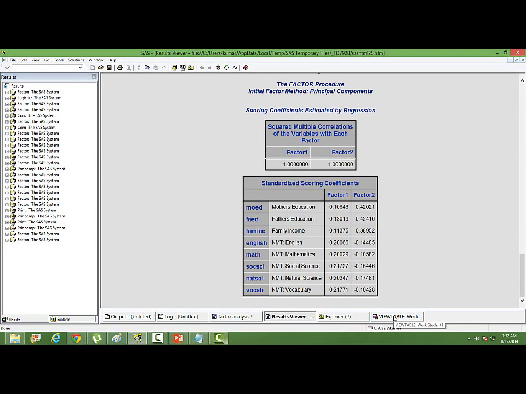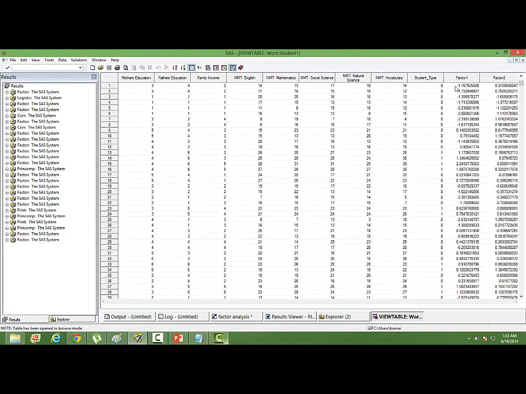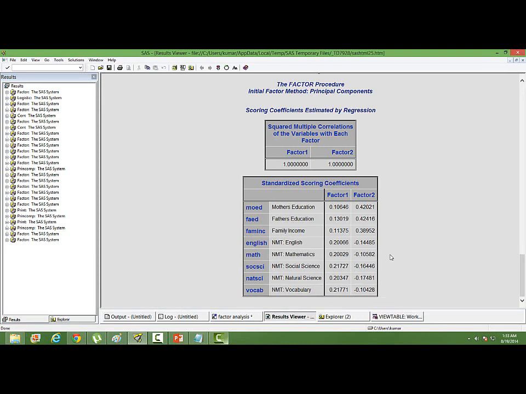So what you can do is take this value, factor 1, and for the first observation take each weight. So what is the weight for mother's education? 0.10, right?